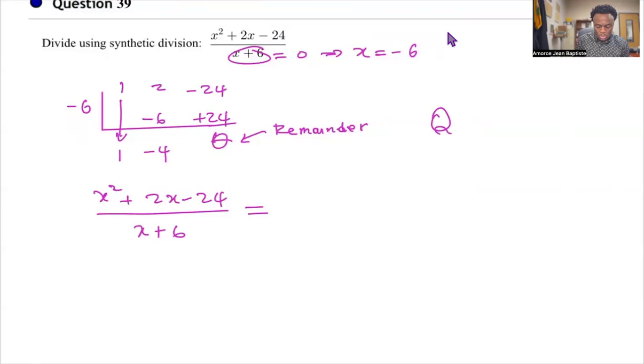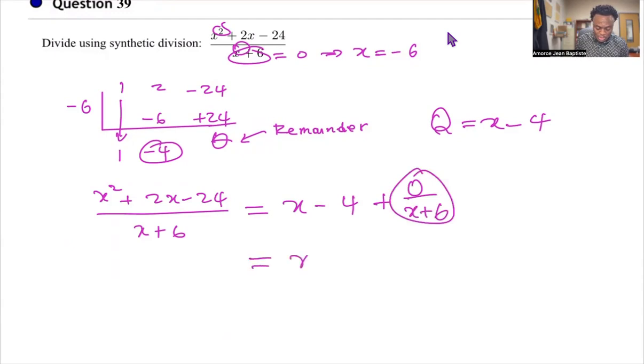Q equals, the exponent of the quotient will be the subtraction of 2 and 1, so that's 1, so that's just x, and then negative 4 would be the constant, x minus 4. So you're going to have x minus 4 plus whatever the remainder is. Remainder is 0, so 0 over x plus 6. This is going to be 0, so your answer is x minus 4. So that's it for your review.